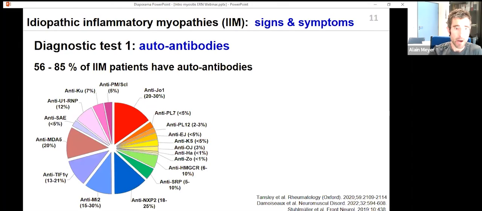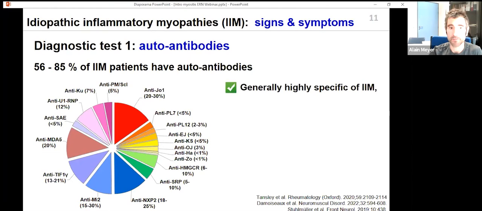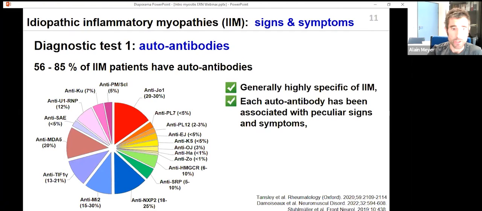Yet, about 20 other autoantibodies have also been associated with inflammatory myopathies. These autoantibodies are generally highly specific of inflammatory myopathies. Moreover, each autoantibody has been associated with peculiar signs and symptoms that we have just seen. As we will see later, this is highly relevant for classification of inflammatory myopathy patients.